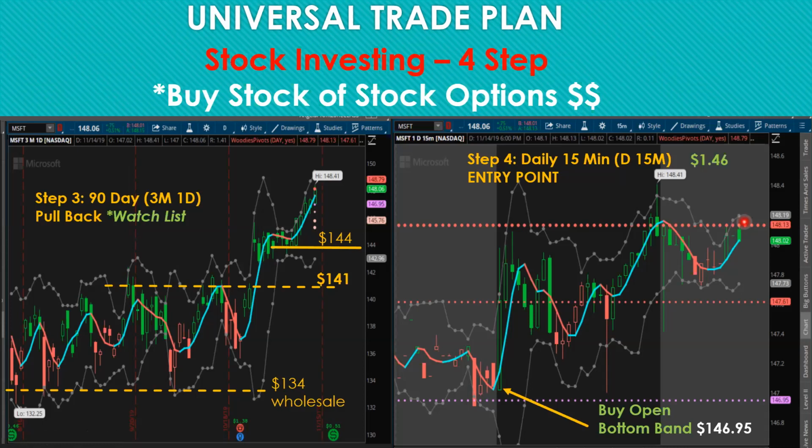All you're doing is changing time frames. So when it comes to long-term investment, you're looking at 20-year, 5-year, 1 year. If you're looking for a short-term investment, you're looking at a 1 year and then a 90-day. And then when you're ready to get in, pull up your bands for the day, put it on a 15-minute chart and buy low.